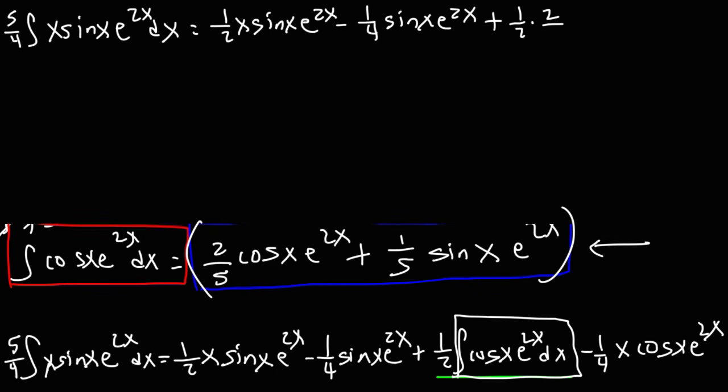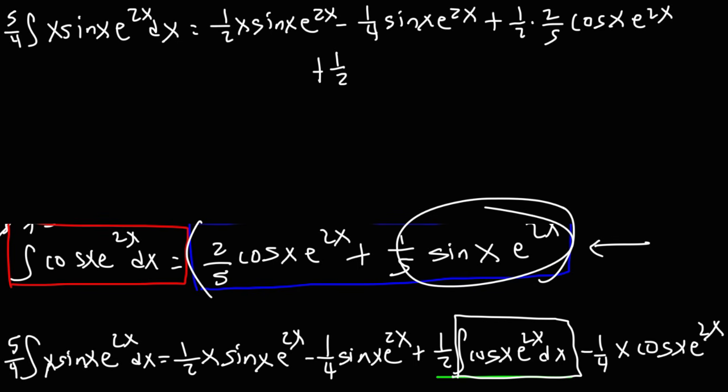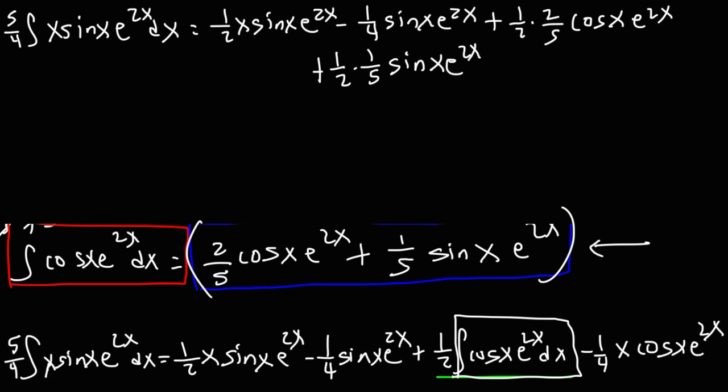So times 2/5 cosine x e to the 2x and then plus 1/2 times this, that's times 1/5 sine x e to the 2x, and then that one, minus 1/4 x cosine x e to the 2x.